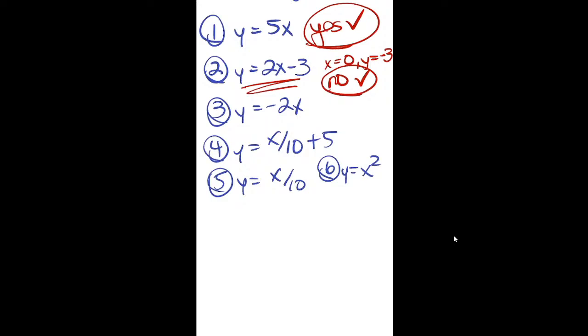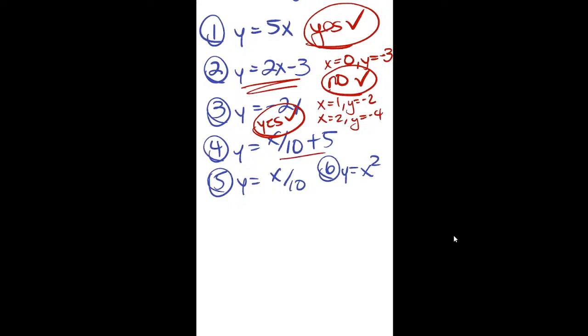Even though they're changing by the same amount, x and y are not 0 at the same time. That's a no, okay? For this one, when x is 0, y is 0, and it's changing by the same amount. When x is 1, y is negative 2. When x is 2, y is negative 4. So it's changing by the same amount too. This is a yes, okay? Because when x was 0, y was 0.